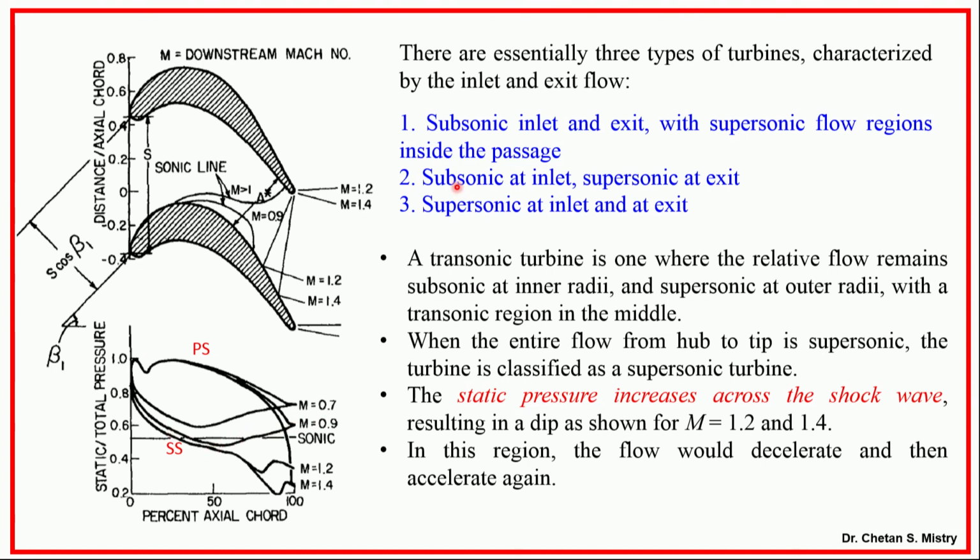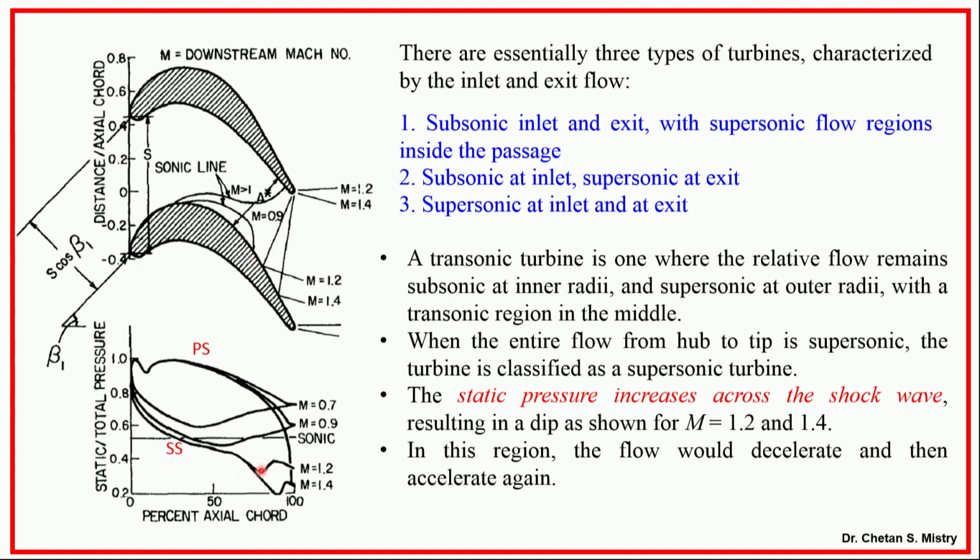Next, consider a subsonic inlet and supersonic exit. If I have a Mach number of 1.2, what will happen here? This is my Mach 0.9 at the exit. Now, with Mach number 1.2, the shock will be placed here. What will that shock do? It will give a rise of pressure.